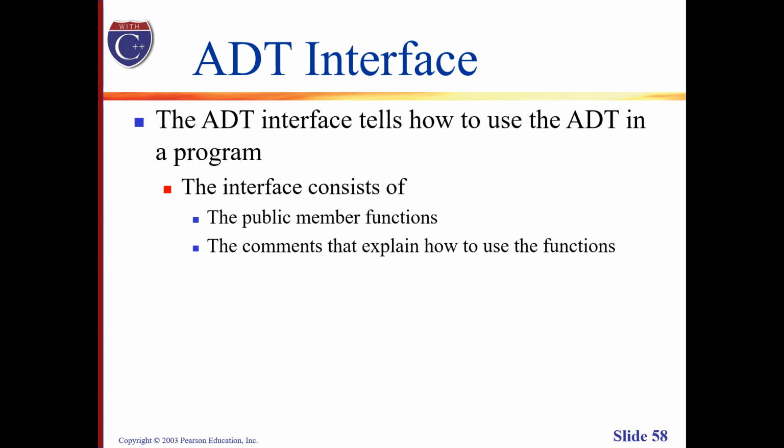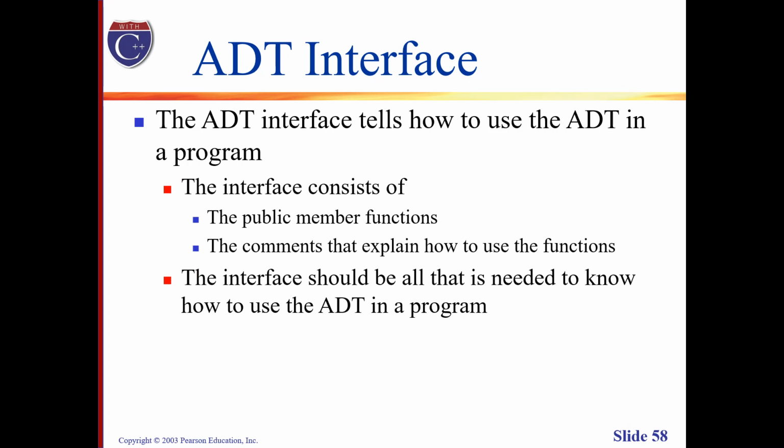And we also have the postcondition, or the resulting condition right after the function was executed, given that it was provided with the right parameters. The interface should be all that is needed to know how to use the ADT in a program.